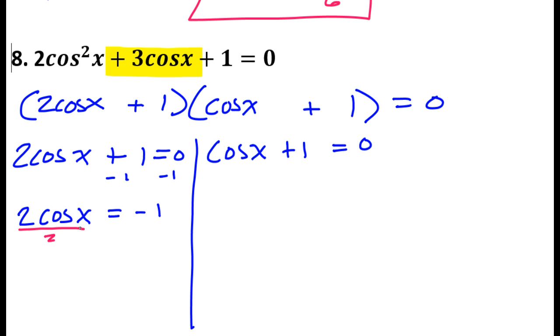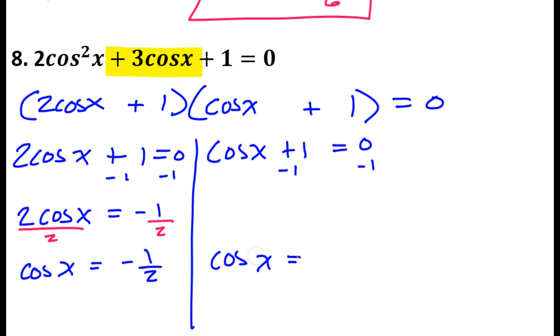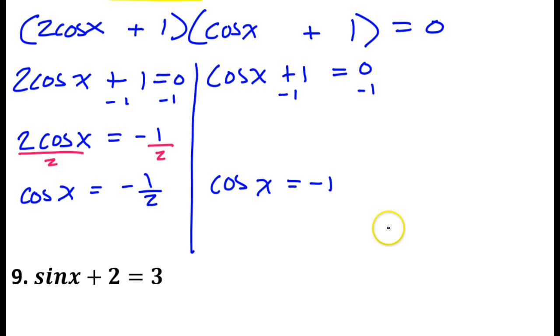Dividing both sides by 2 gives us cosine x is equal to negative 1/2. Subtracting 1 from both sides gives us cosine x is equal to negative 1. So now let's analyze these and get our solutions. Let's start with the negative 1/2.